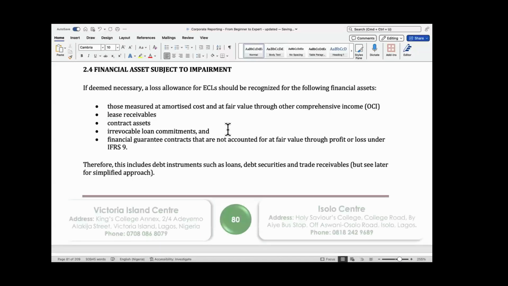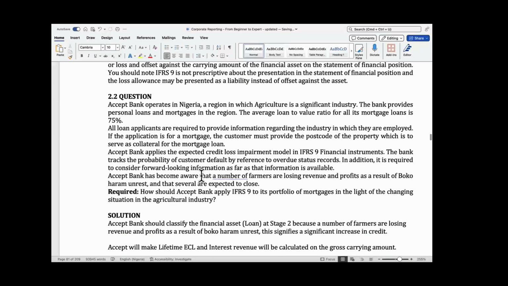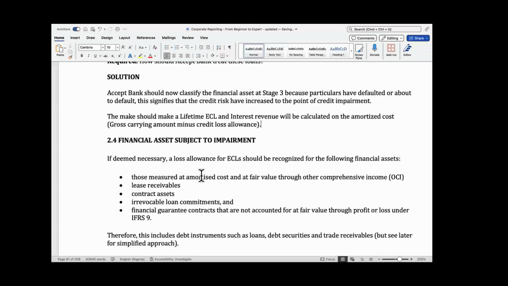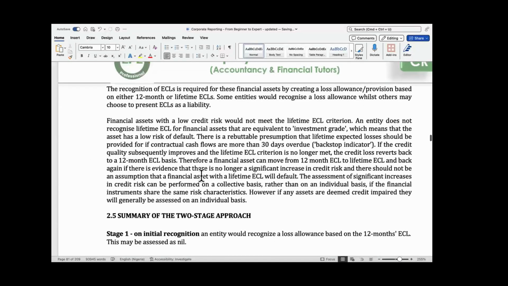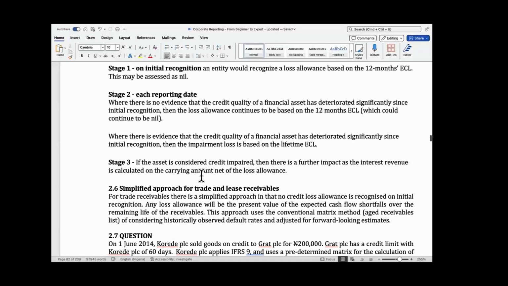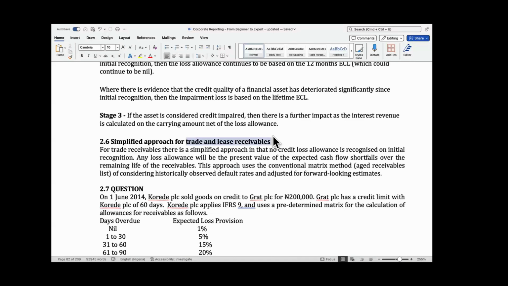Now, I'm going to stop here for today because I think I have class. So yeah, I need to make a point here about trade receivables because trade receivable is a financial asset too. How do you impair that?